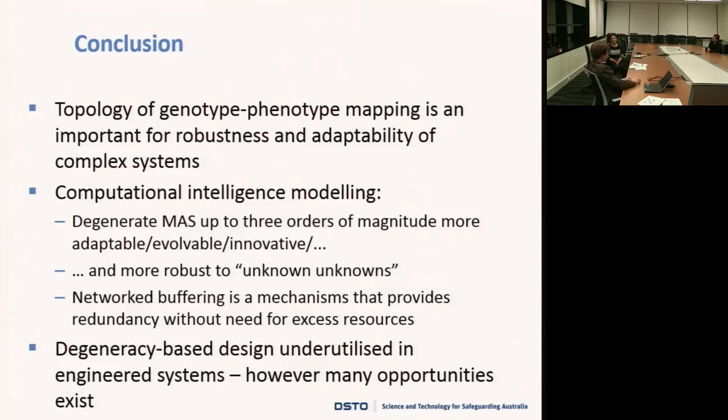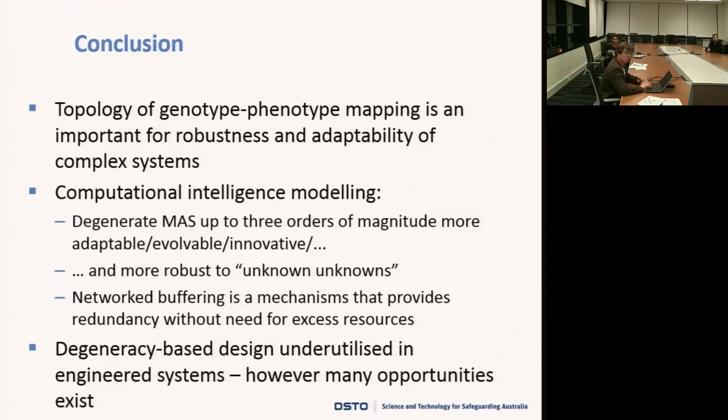People talk about the components, but they don't talk about the functions, and let alone how components map to functions. There's a lot in there, and I indicated to you there's more research that can be done, because we have not discovered everything that's encoded in this topology that really matters for robustness and adaptability.